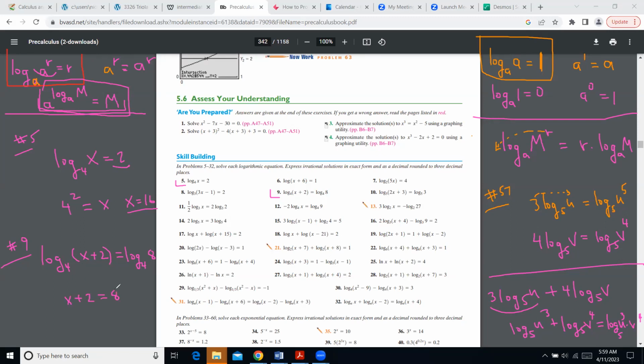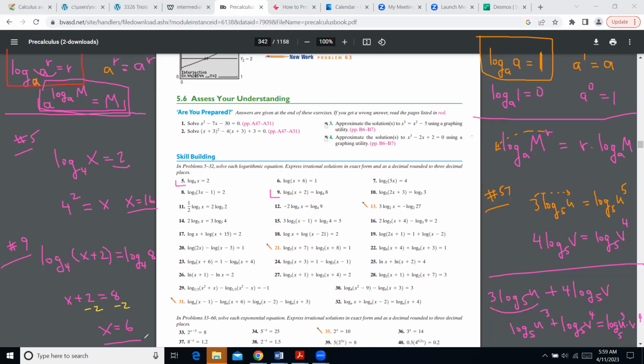I just erase those logarithms because they're of the same base and produce a nice looking equation that I can definitely work out, right? X is number 6, then that's my result.